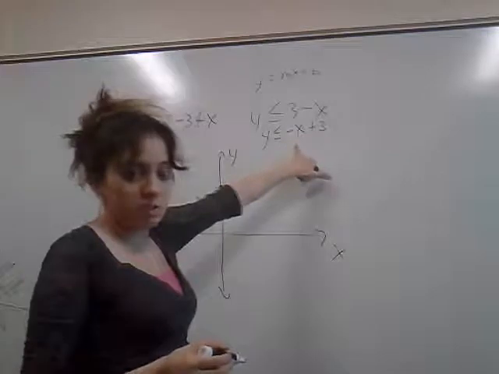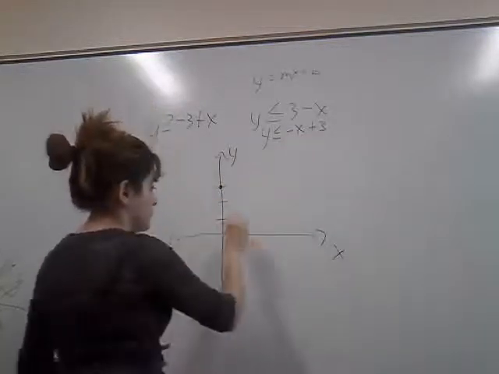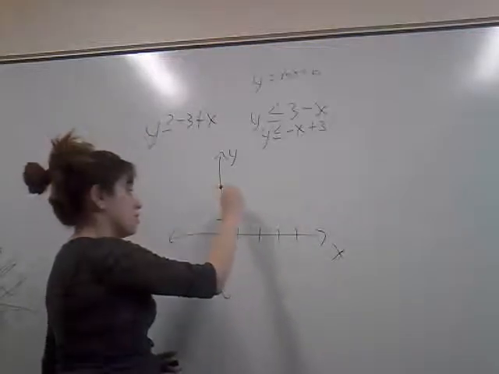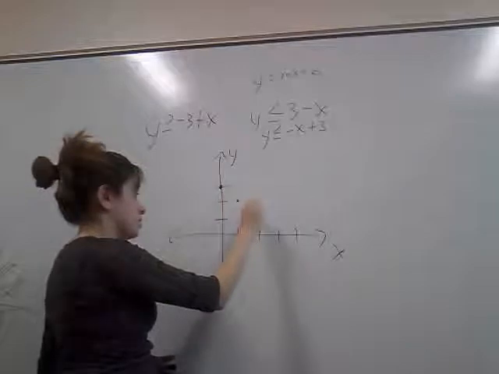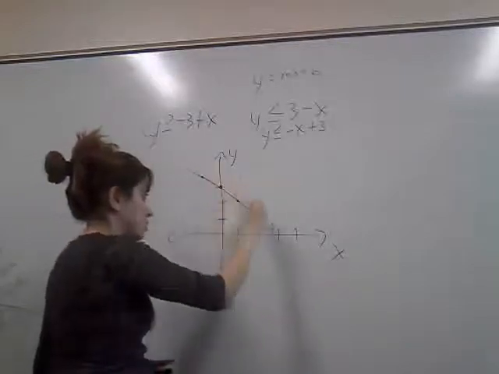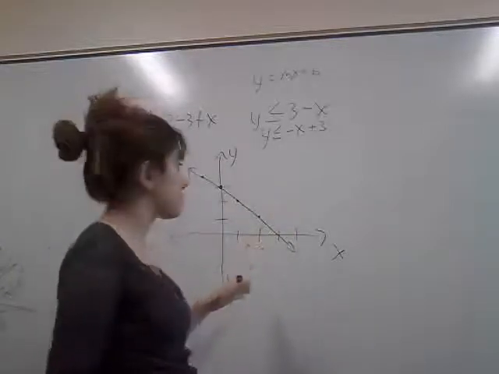It's -x, which means we have a slope of -1. So that means we go down 1 and over 1. A negative slope should look like this.